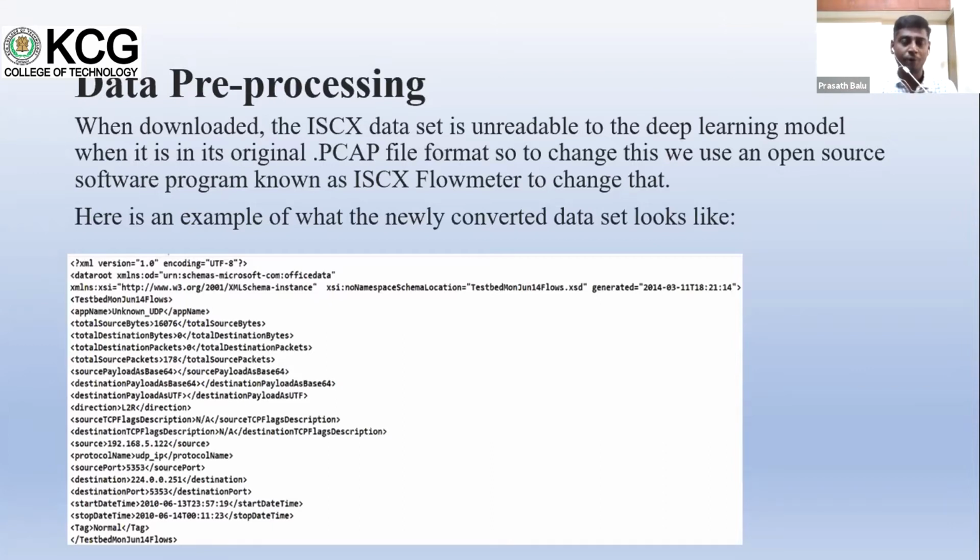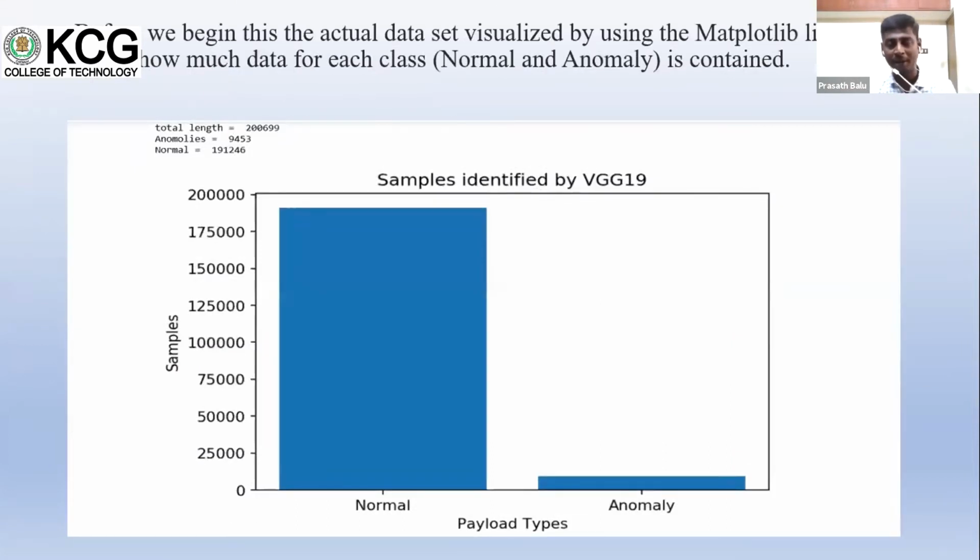Let's say we are going to do normal and anomaly detection. The features that you are using in the data set should match the anomaly, I mean, the target value. Right now what you are seeing is a classification algorithm.